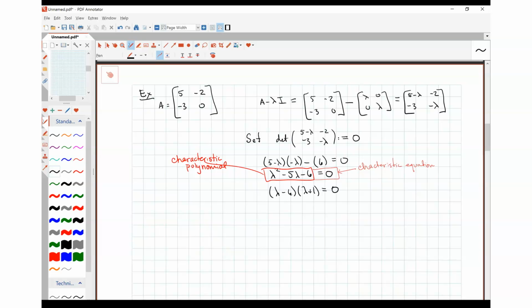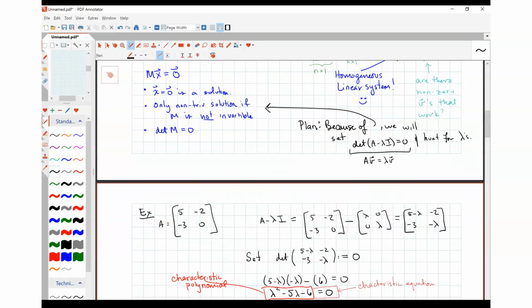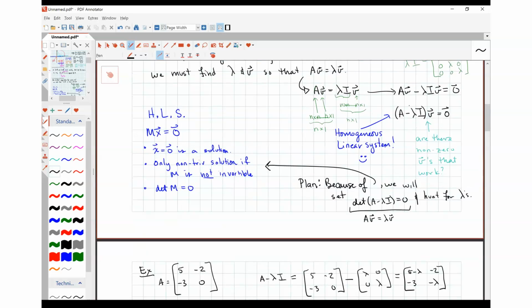And so now we see that there are two different values of lambda that will make it so that this equation has a non-trivial solution. Remember, this always has the solution v equals 0, but we're looking for non-trivial solutions. The only time we'll be able to find a non-trivial solution is when this determinant is equal to 0.